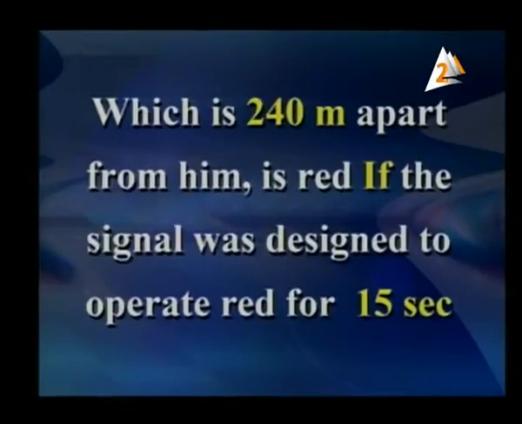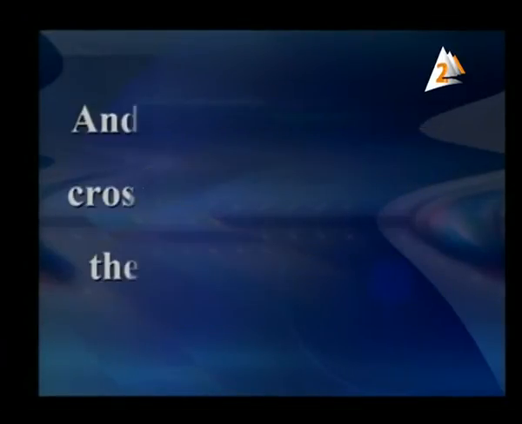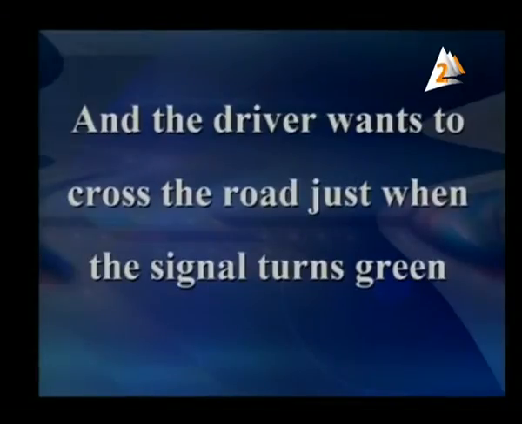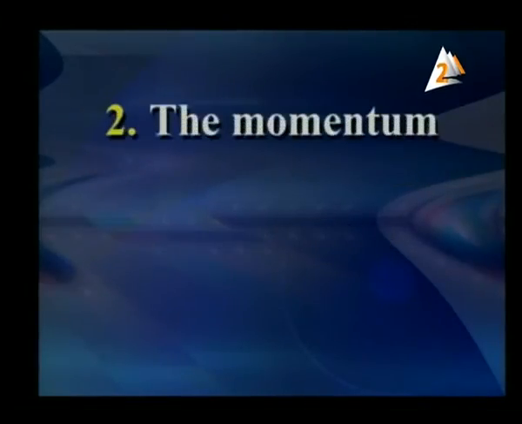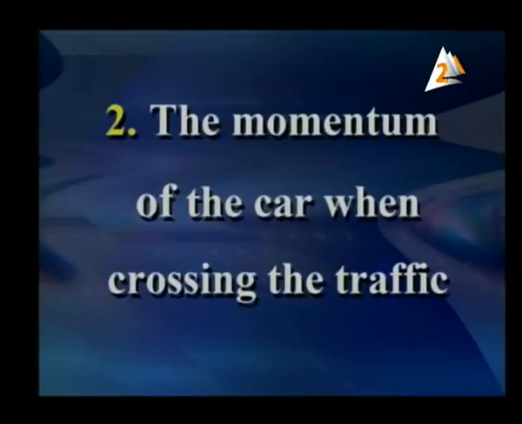If the signal was designed to operate red for 15 seconds and the driver wants to cross the road just when the signal turns green, find: number 1, the deceleration of the car till the traffic; number 2, the momentum of the car when crossing the traffic.